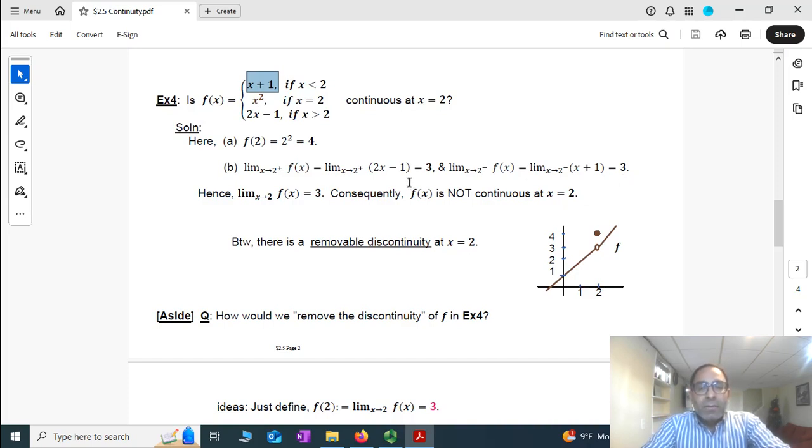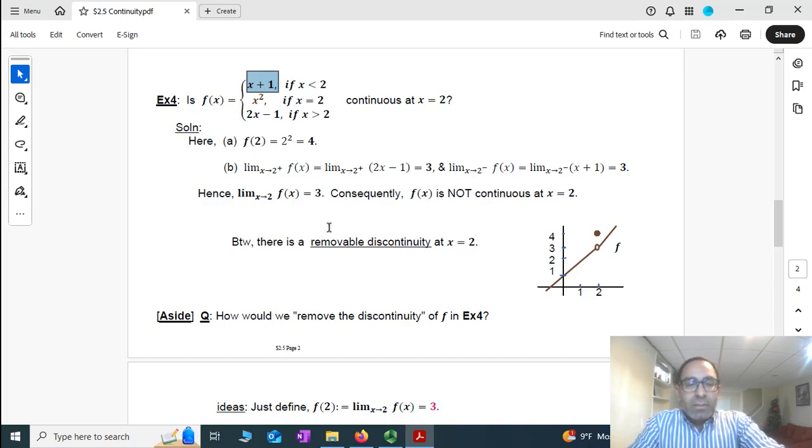Since both one-sided limits are 3, this implies the limit of the function as x approaches 2 is 3. But from part A, the function value is 4, so the function is not continuous at 2 because the value 4 is not equal to 3. In other words, the limiting value obtained in B is not equal to the function value obtained in A.